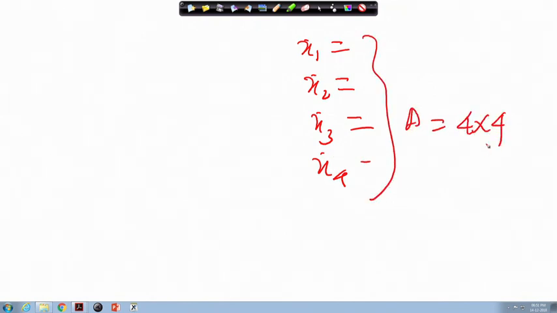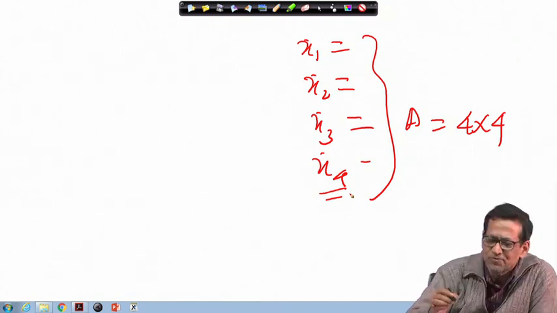Here our interest is only the A matrix, because the A matrix is a function of Ki. Because we have taken the control variable u as a state variable, that is x4, the A matrix is a function of Ki. So it is a 4 by 4 matrix.